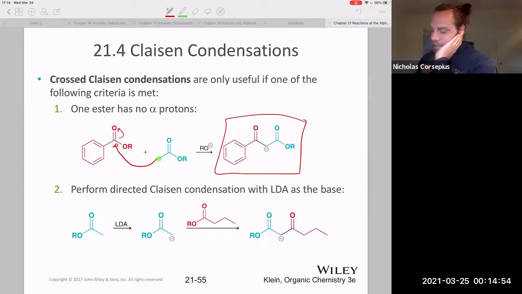And so you'll only have one product. The other way that we can do this, if that isn't the case, is just like before, we'll take one of our two esters, treat it with LDA, and then titrate in the other one. And that would be a guaranteed way to get just one crossed Claisen condensation product.